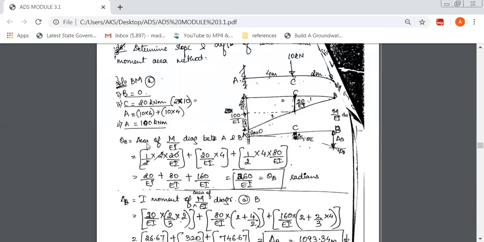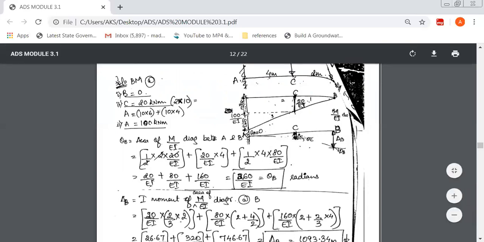So theta B is equal to the area of the M over EI diagram between A to B. That means you have to consider all three diagrams. So first let's start with this. I've marked this first, 1, area of a triangle. So half into base 2 meter, height 20 over EI.